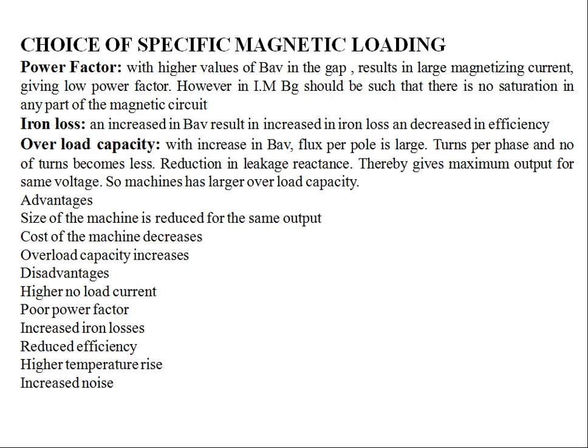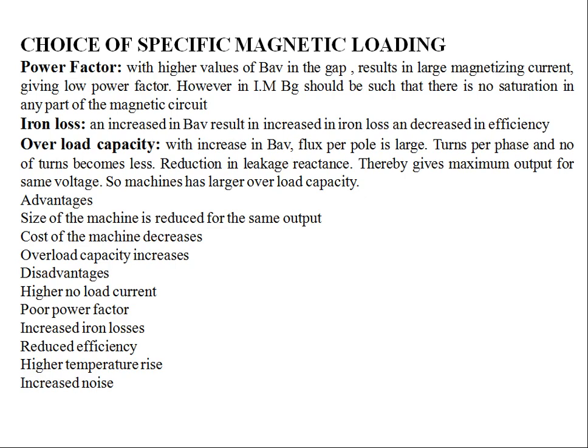So on what factors they depend and what are the approximate values of the specific magnetic loading and electric loading, depending on the size of the machine. So to start with, the choice of specific magnetic loading. One of the parameters that affects is the power factor.